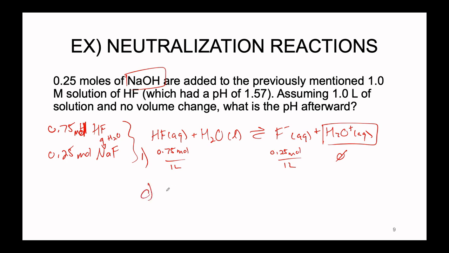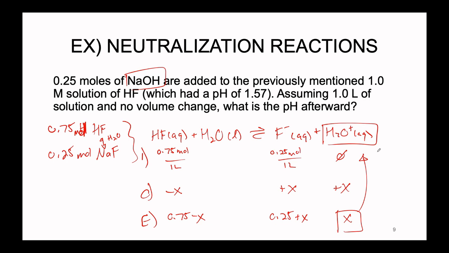There is a change as the reaction is shifting from reactant to product, and our equilibrium conditions, the 0.75 minus X, 0.25 plus X, and X are what we're going to be solving for. We need to know what our X is. Since our X is equal to the equilibrium concentration of the H3O+, that's really what we are looking for.